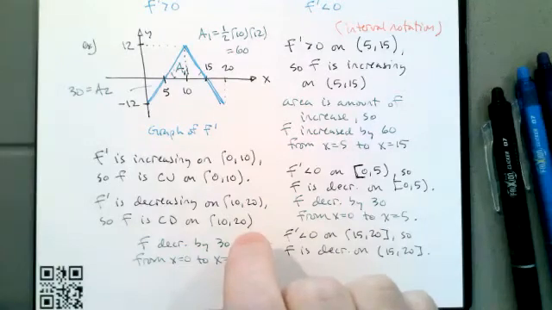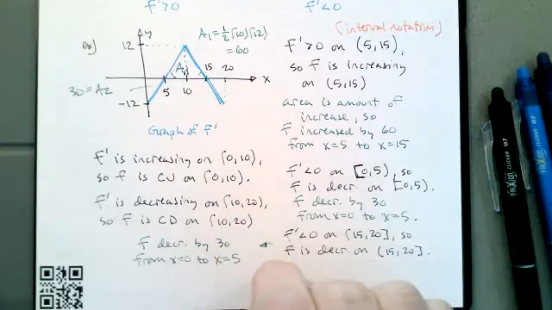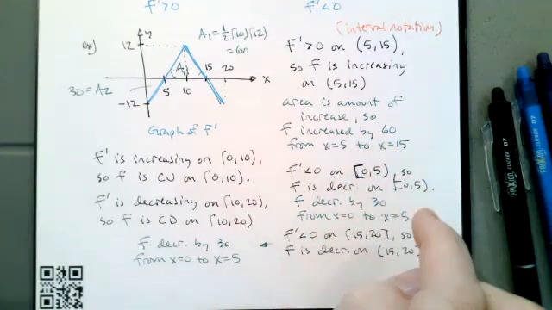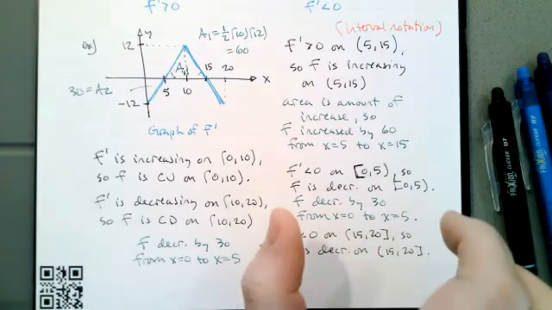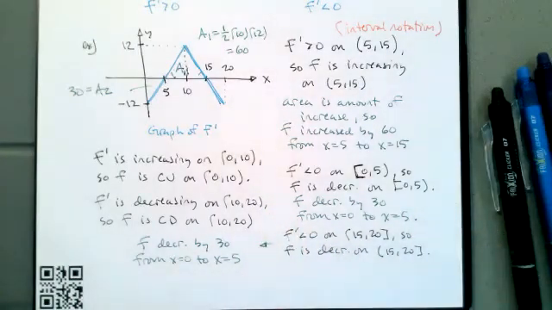Moreover, it looks like we're going to finish at the same place that we started, because it decreases by 30, increases by 60, and then decreases by 30. So we'll end up back to where we start.